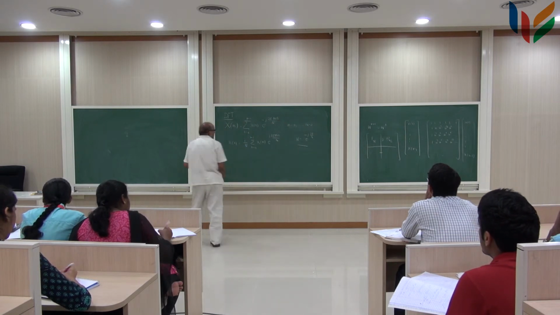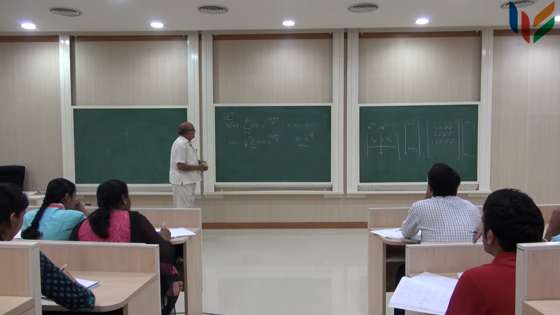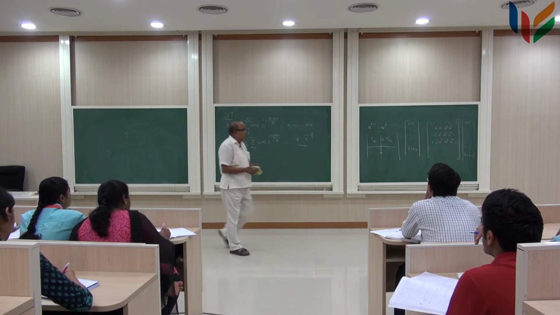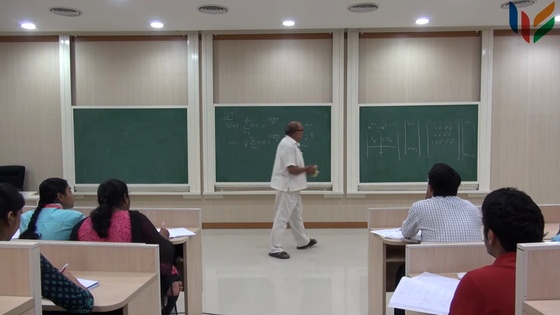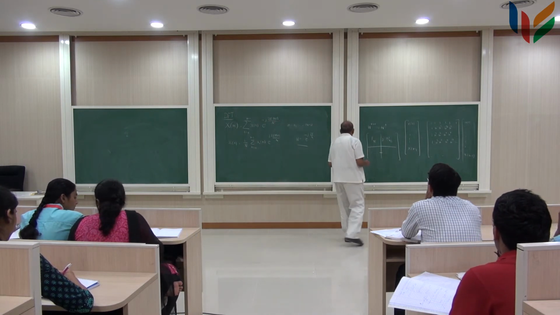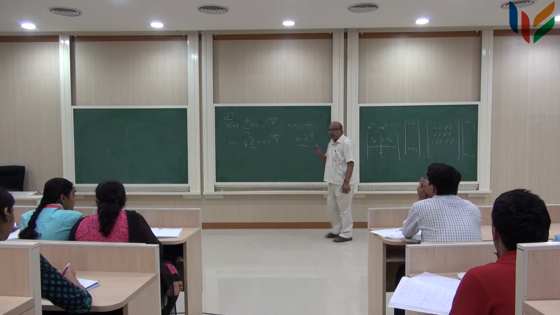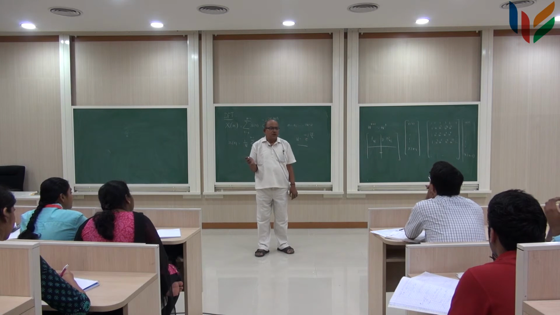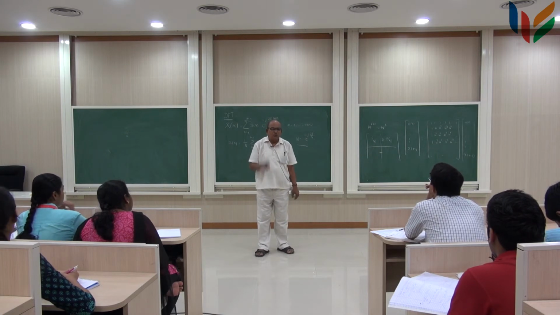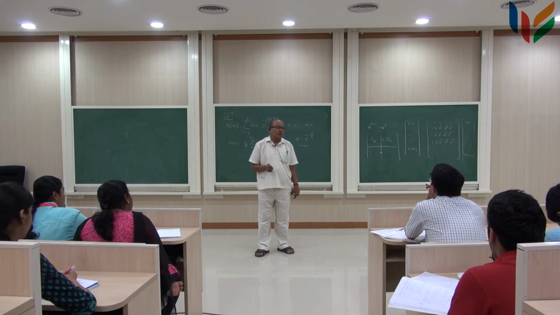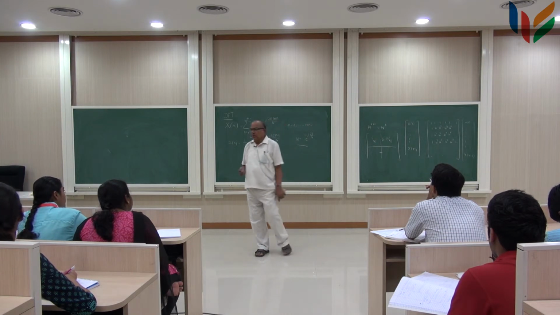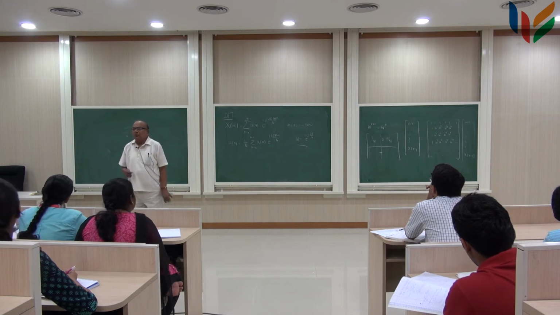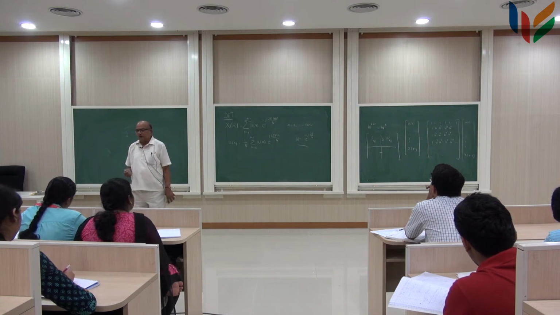So, we found how to find the Fourier transform by using the so-called fast Fourier transform algorithm by Cooley and Tukey, and it reduces the time of computation from N square to N log N, right, and the memory that is required also comes down from N square to log N. These are the 2 advantages: memory requirements come down, as well as the speed of computation increases.